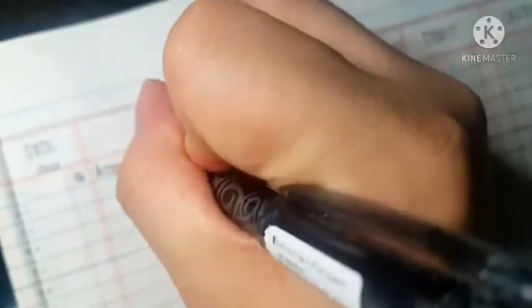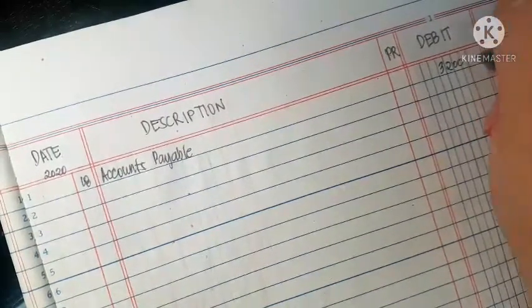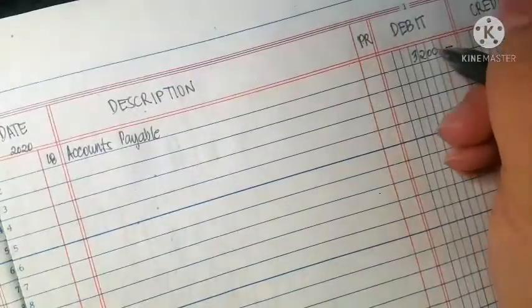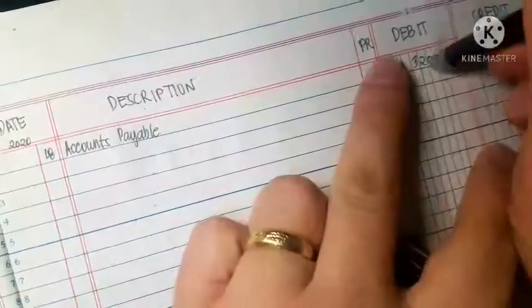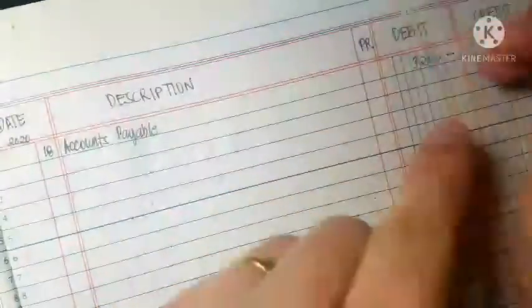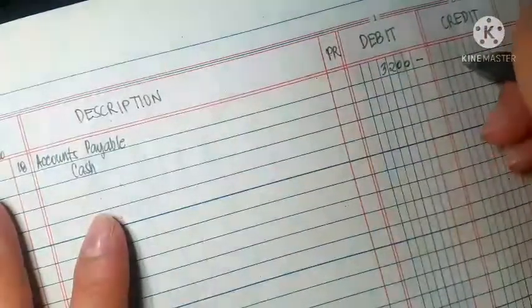So, we debit accounts payable for 3,200, and we credit cash for 3,200.